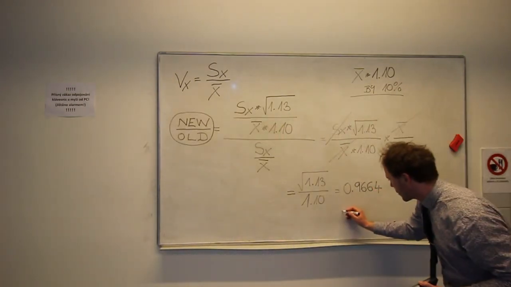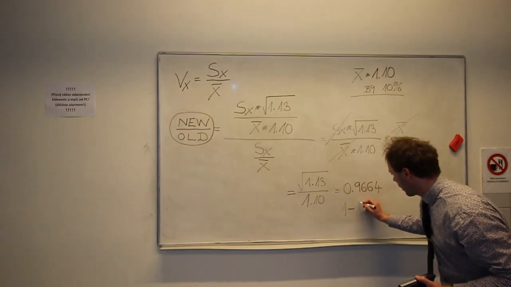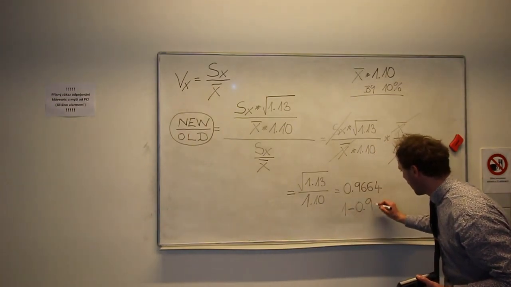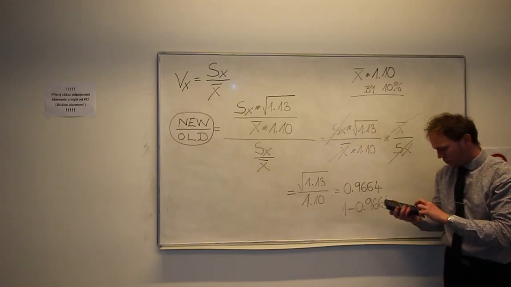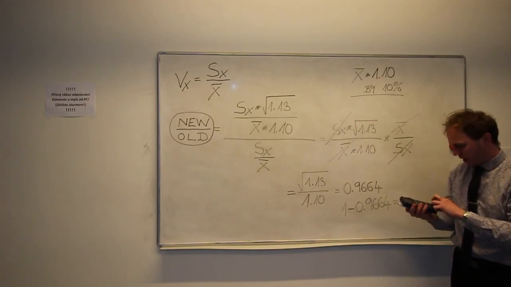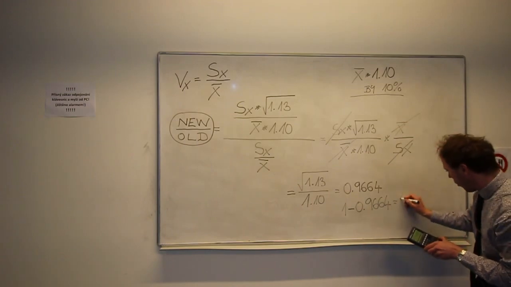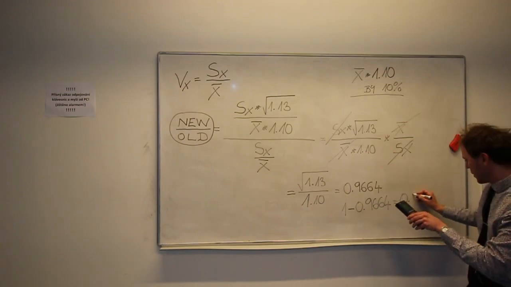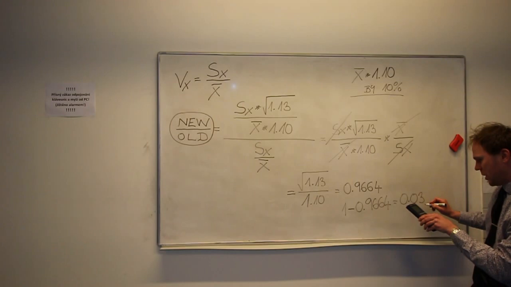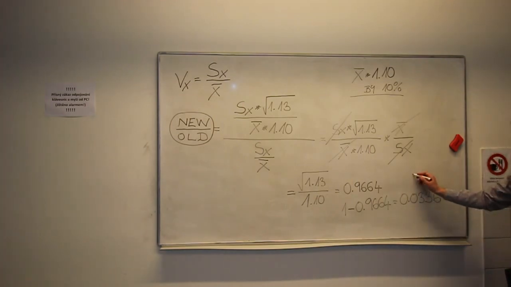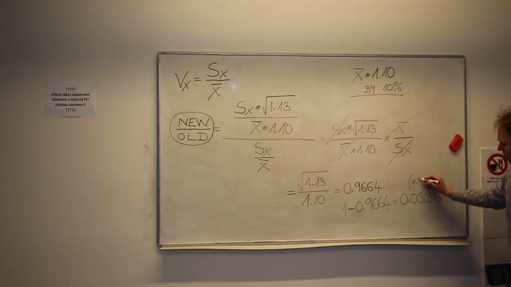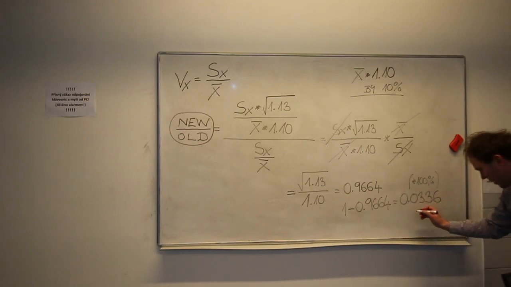So it decreased by 1 minus 0.9664, and the result is 0.0336. This can be multiplied by 100 and interpreted in percent.